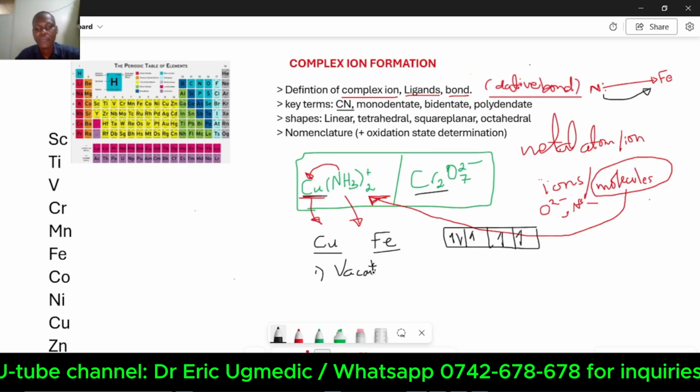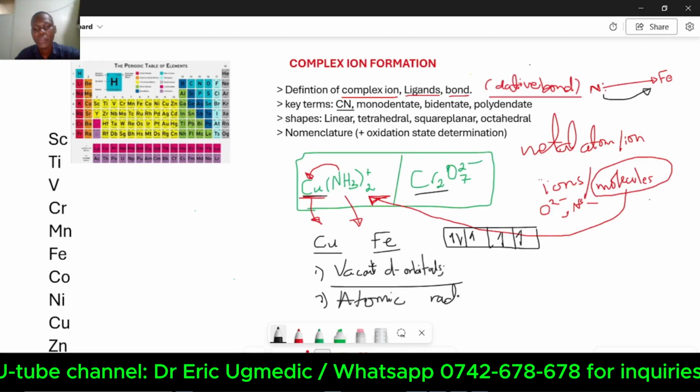So for any transition element to form complexes, it must have vacant d orbitals that will accommodate the lone pair of electrons donated by the atoms or the ligands. Get the point? That's the main point. But you can also add other points, like having a small atomic radius.